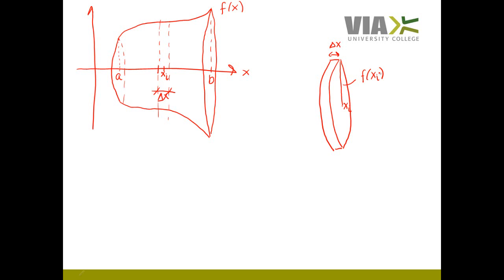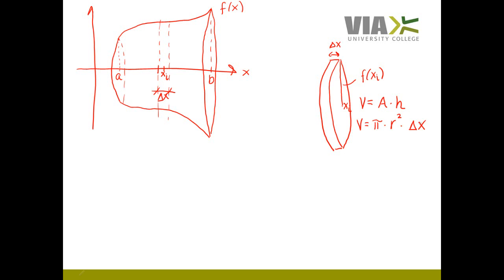So how do we calculate the volume of such a piece here? Well, it's actually a small cylinder, and the volume of a cylinder, as you recall, we calculate to be equal to the cross-sectional area multiplied with the height. The cross-sectional area of such a circle is equal to pi times the radius squared, and the height must be equal to delta x as we have labeled it.